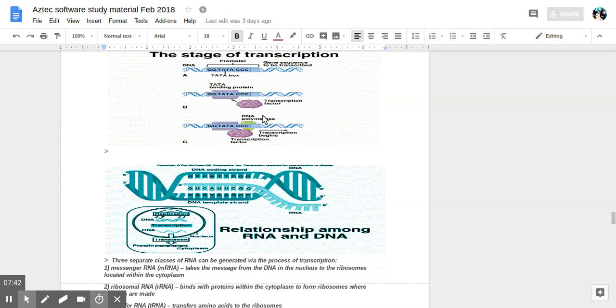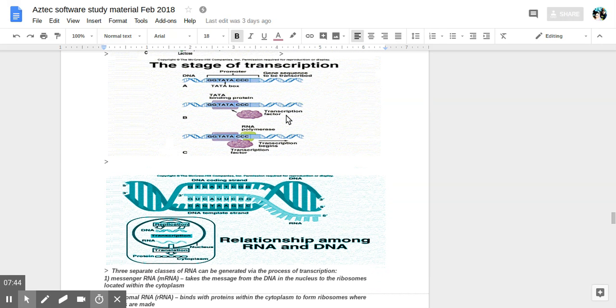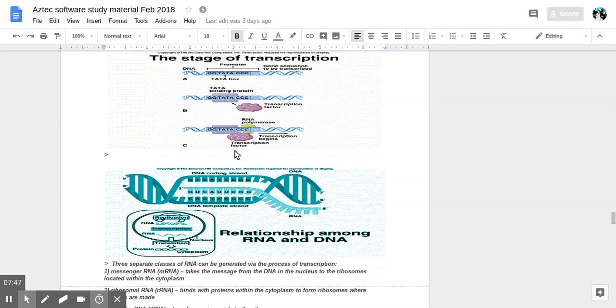RNA polymerase helps with this transcription. The promoter region is the initial region which determines where the gene is to begin to be transcribed.